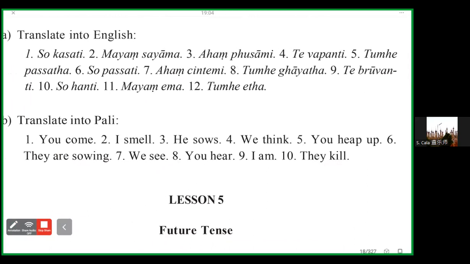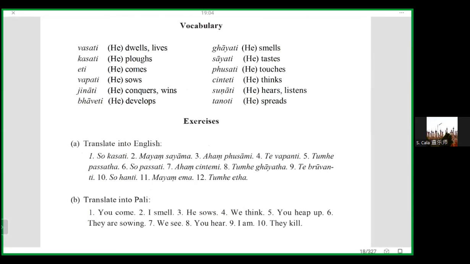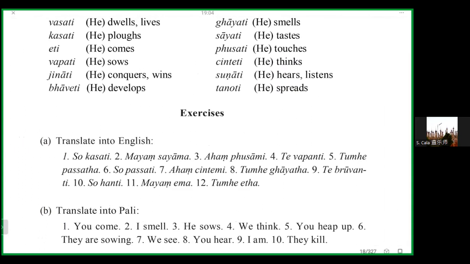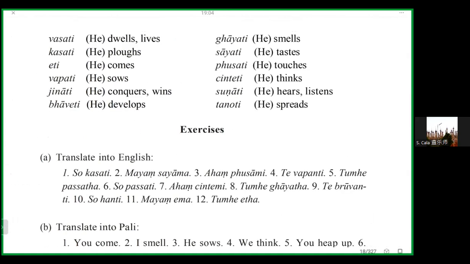Can I ask about the 6th sentence again? Can you bring it up? The 6th sentence. Because I remember the smell is Ghana. Yeah, Ghana. The taste is Jiha. And then the touch is Potaba, something like that, right? Yeah, Potaba.